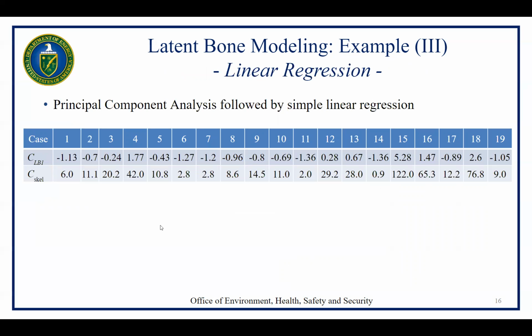The second step is a simple linear regression using the first latent bone as an independent variable. This table contains the data used for the linear regression.